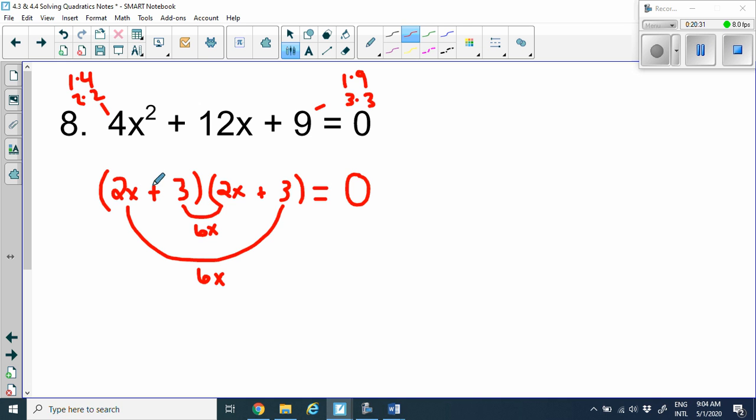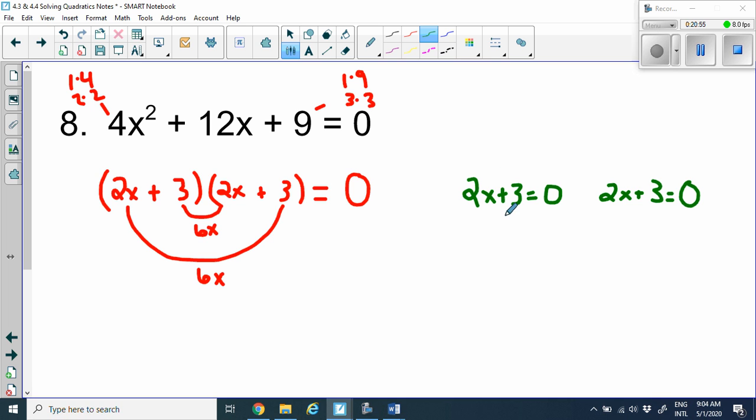So that means these are my factors here, 2x plus 3. So now I set my factors equal to 0. So I have 2x plus 3 equal to 0, and the same thing on the other side, 2x plus 3 equal to 0. Since they are the same factors, we are going to get the same solutions.